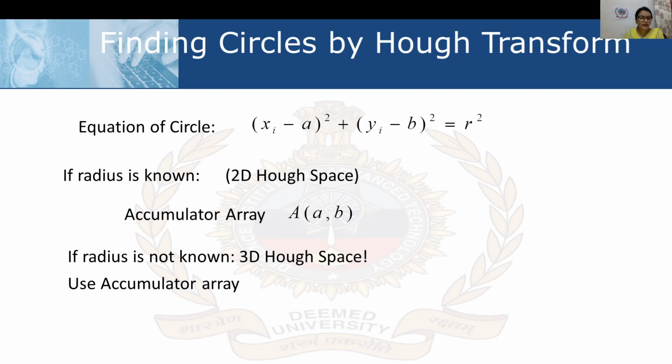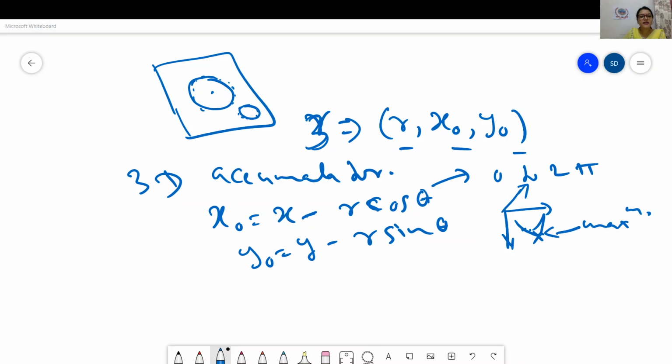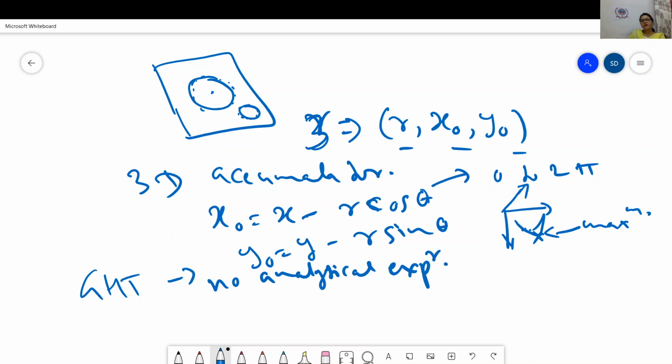And there is another case which is called the general Hough transform, which is capable of finding shapes which have no analytical expression. What it means is that any arbitrary shape it is capable of finding. There the concept of the R table is used.